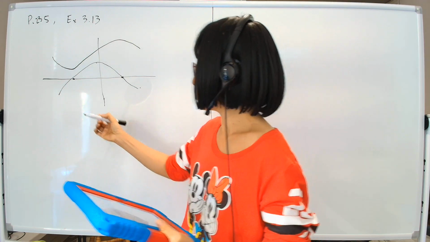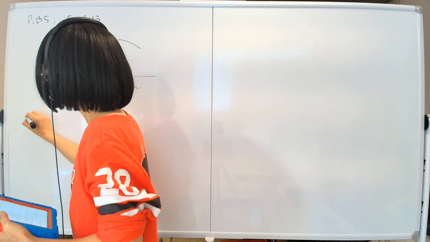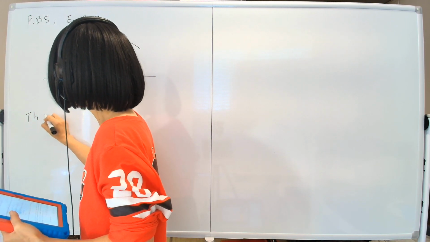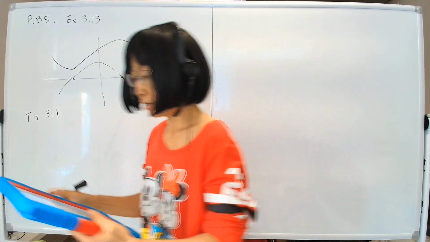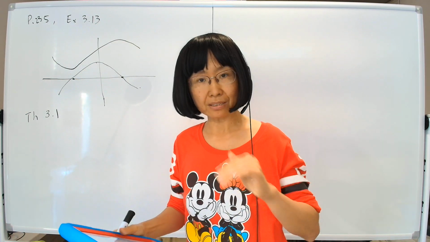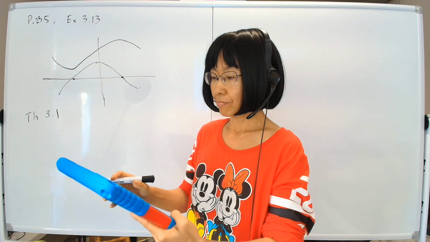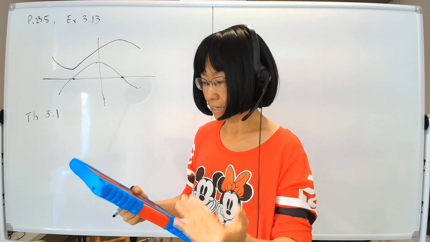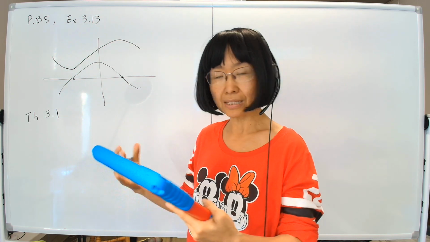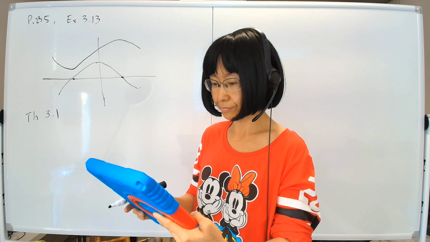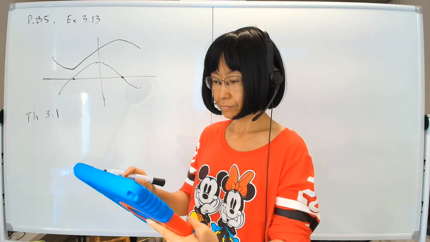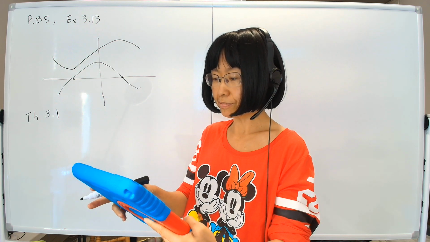So theorem 3.1: differentiation implies continuity. If something is differentiable, it is necessarily continuous. Now, how do we prove that?